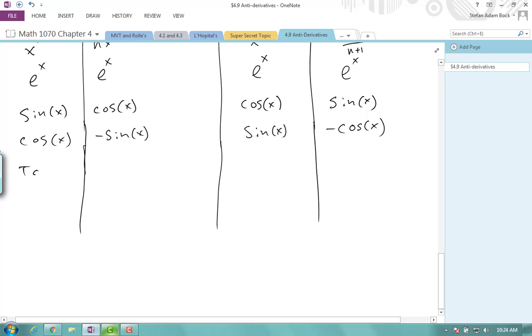If I start with a tangent, my derivative is secant squared of x. But if I start with a secant, I don't know any functions whose derivative is equal to secant of x. So in those cases, I'm stuck. But if I do start with secant squared of x, then I'm going to have an antiderivative of tangent of x.